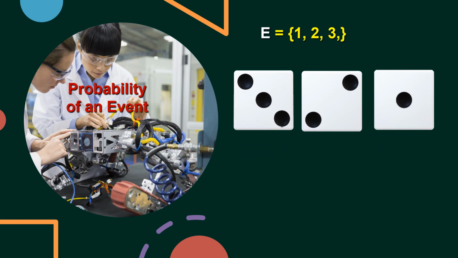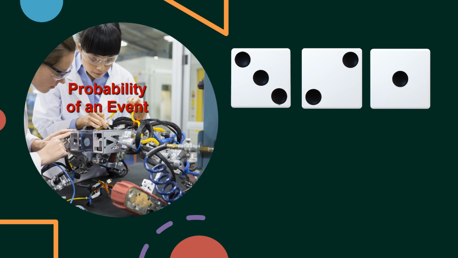So what then is the probability? The probability is a numerical measure of the likelihood that the event will occur. In this example, therefore, the probability that the event with sample points 1, 2, 3 will occur will be equal to the sum of the probabilities of 1, 2, and 3.